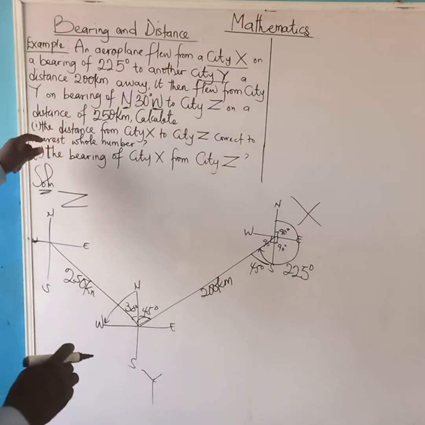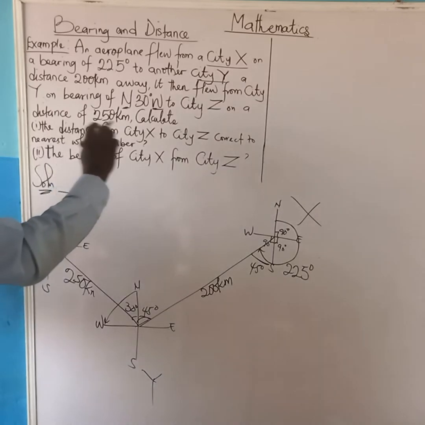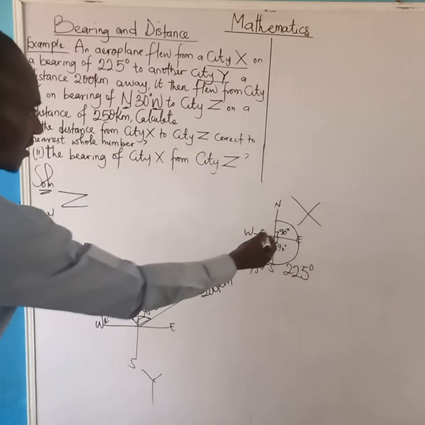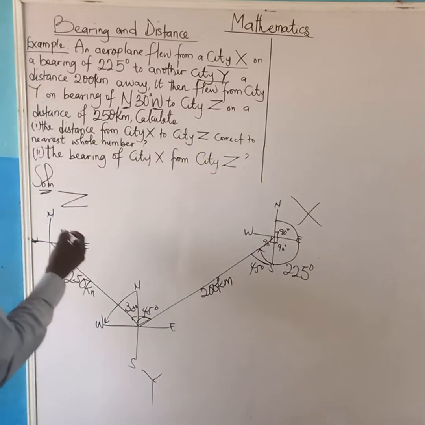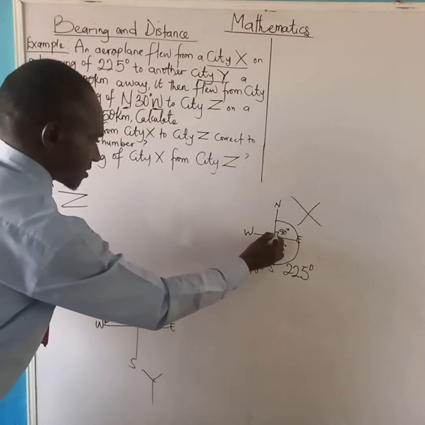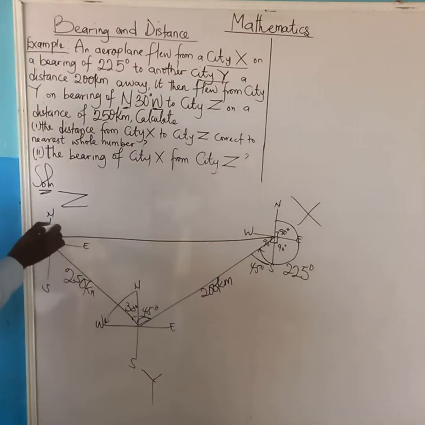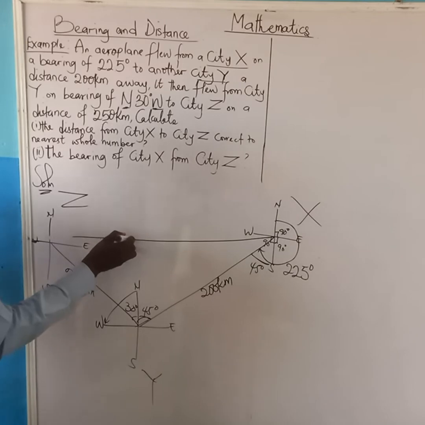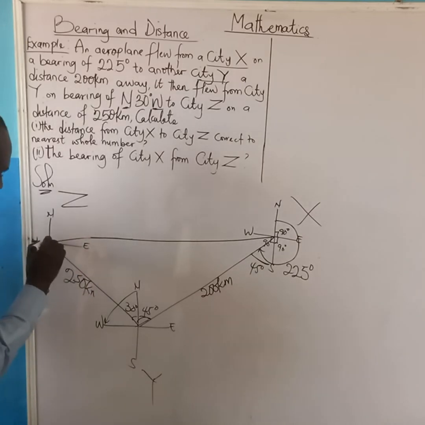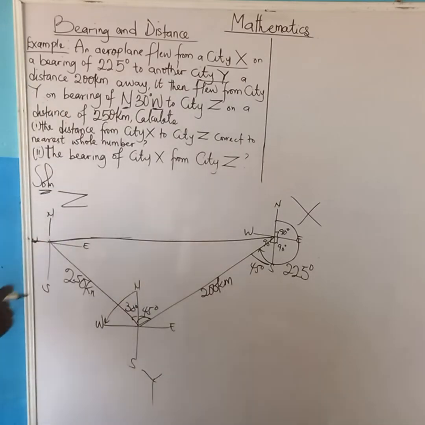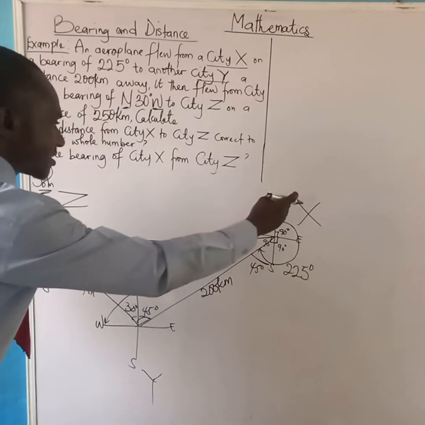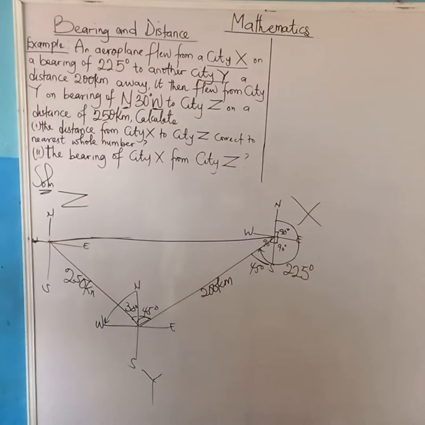Now, the question says we should calculate the distance from city X to city Z. This is this distance. Good. The distance from city X to city Z.